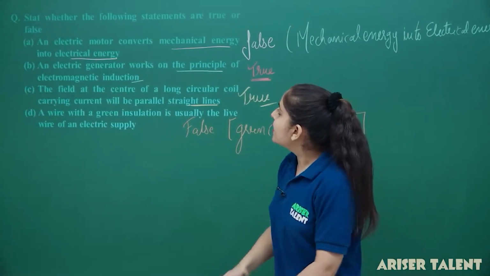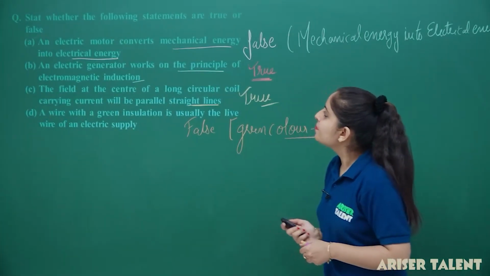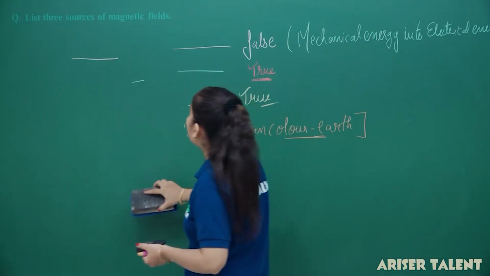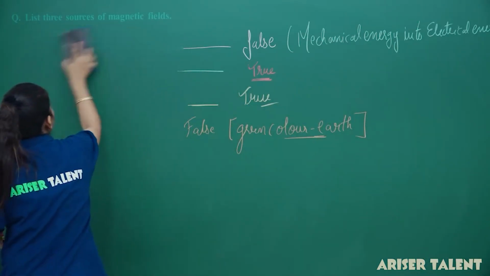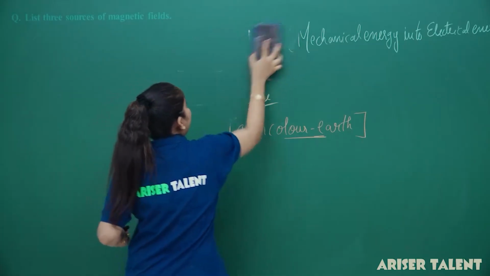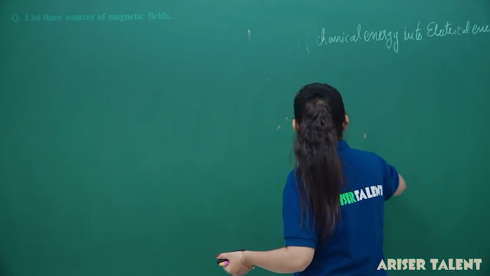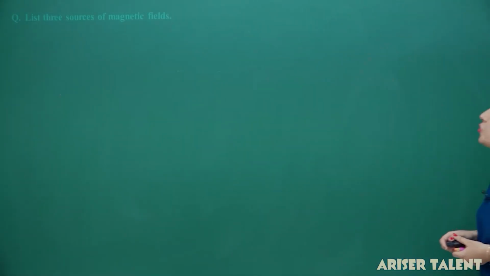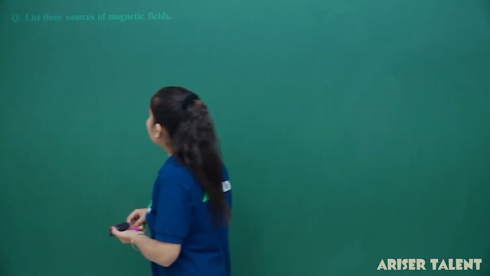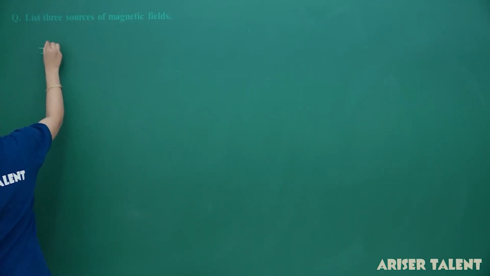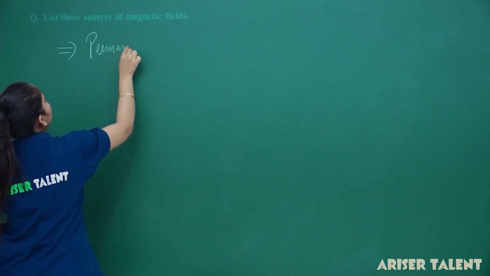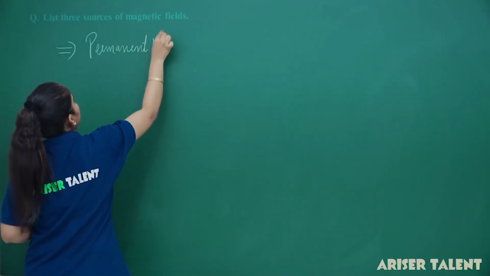So let us move to the next question in this sequence. List 3 sources of magnetic field. Can you tell me what the 3 sources of the magnetic field are? So, we have the 3 sources of magnetic field and these sources are, one is permanent magnets, from which you will get the magnetic field.